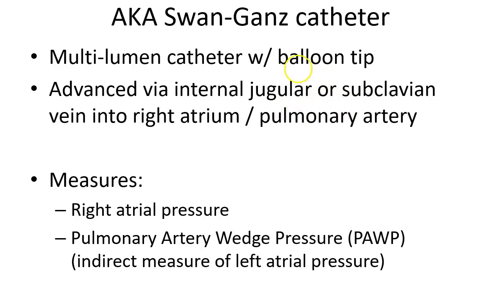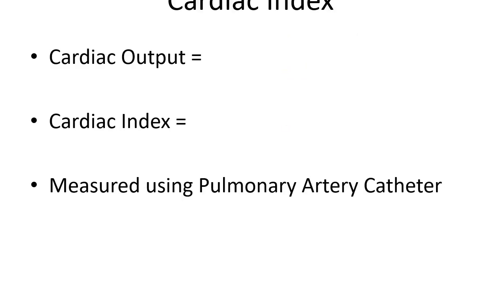The other very important thing that pulmonary artery catheter can give us is something called cardiac index. Now, we talked about cardiac output, which was your stroke volume times your beats per minute, and that's a raw number of liters per minute, which really means nothing to me, because it's not going to tell me if my 40-year-old man has good cardiac output or my neonate has good cardiac output and good cardiac function, because it's a raw number that doesn't relate to the size of the patient.